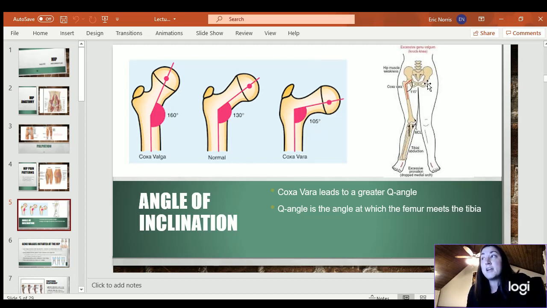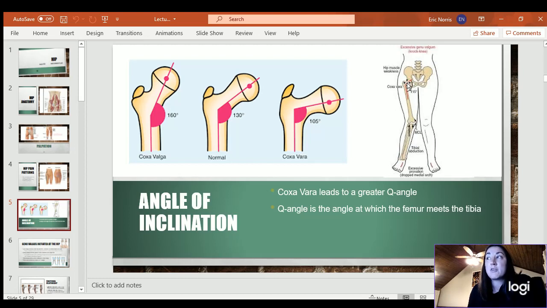So coxa vara creates a greater Q angle. So it makes this angle up here wider, which would mean the hips are a little bit more wide. And when our hips are wider, we typically have a greater Q angle. And the Q angle is the angle that the femur meets the tibia.